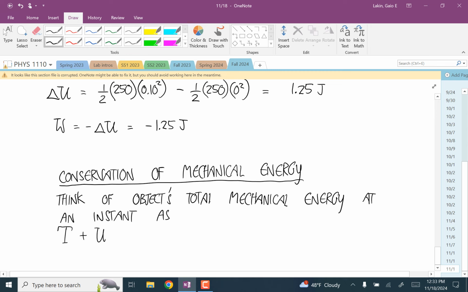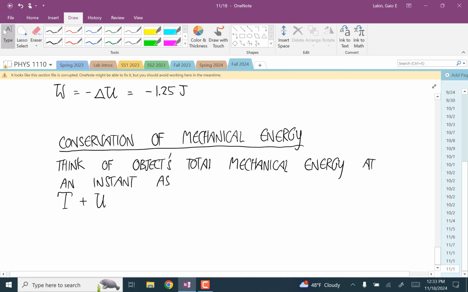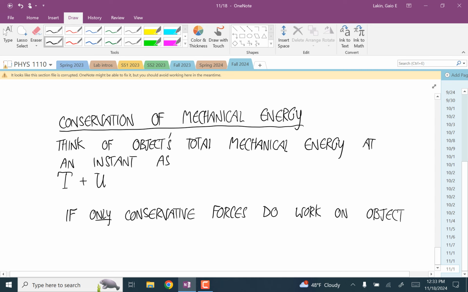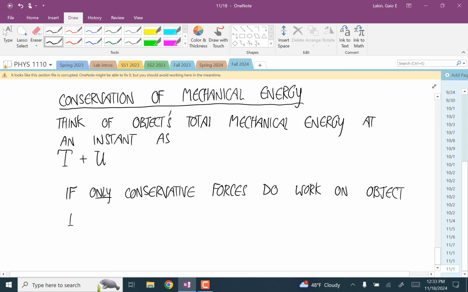So that's going to be our definition of mechanical energy. And conservation of mechanical energy says if only conservative forces do work on an object, then the kinetic energy plus the potential energy at instant 1, any instant 1, has to be the same as the kinetic plus the potential energy at instant 2. So that's it.